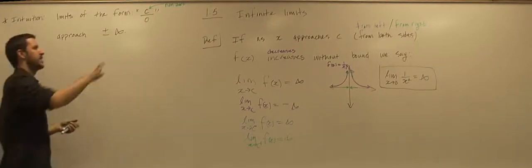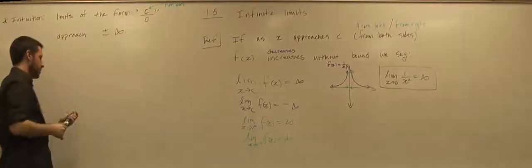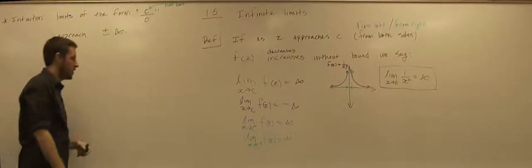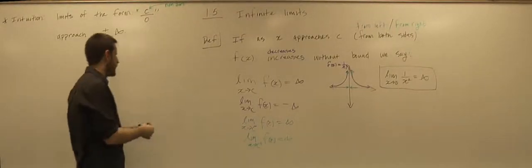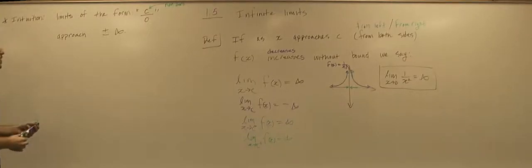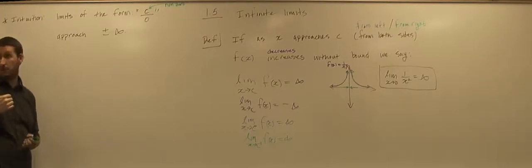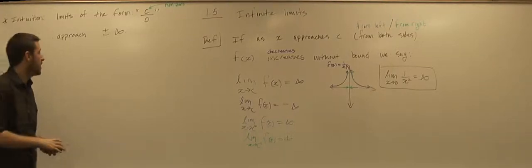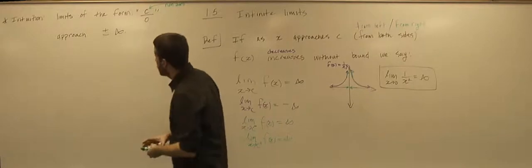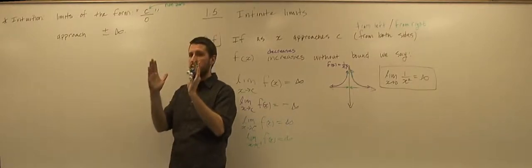But if you get something that's not 0 over 0, then it's going to go to plus or minus infinity. How do you determine whether it's positive infinity or negative infinity? The graph. Either graph it, or any other suggestions? Plug in a point. Maybe test a couple of values, one on each side if it's a double-sided limit.